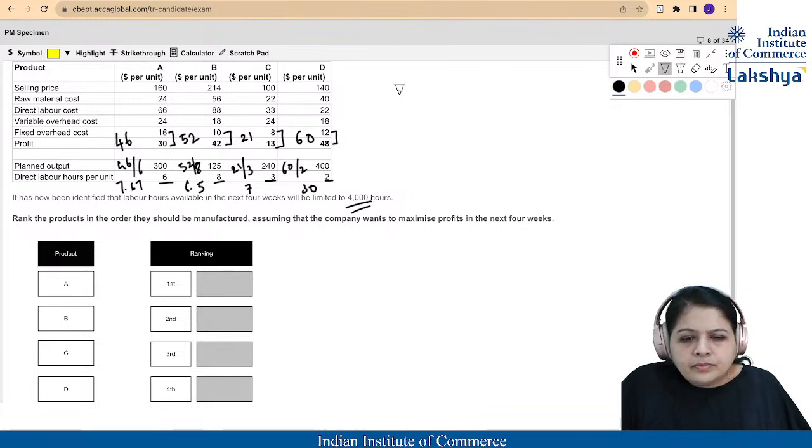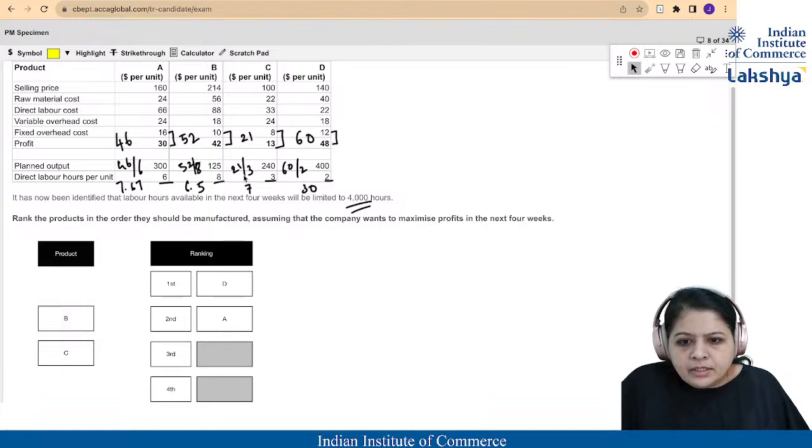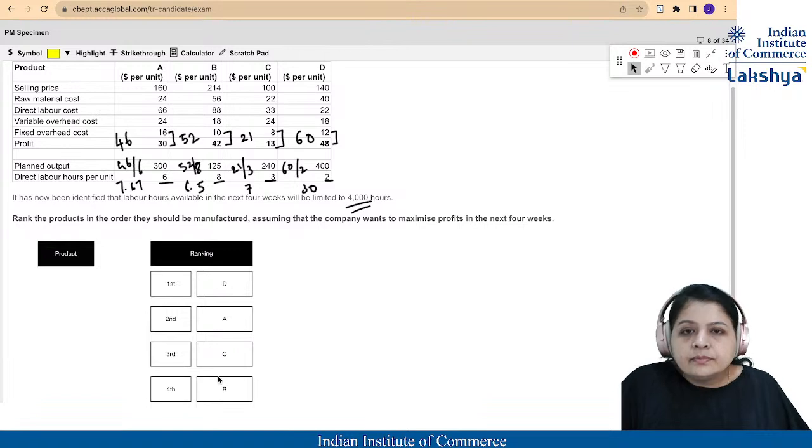So this product D is going to get the highest ranking, then product A, then product C, and then product B, right?